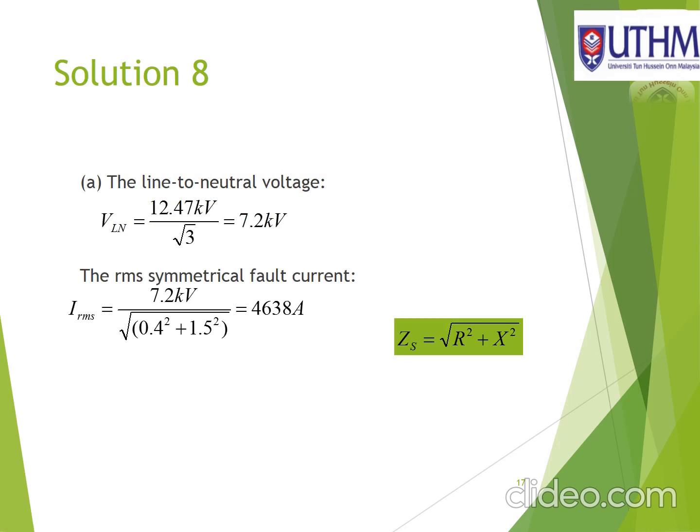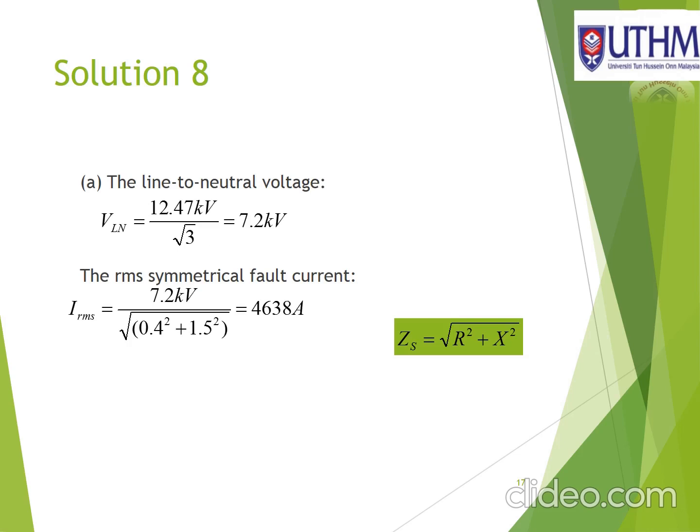This is the solution for example number 8. For A, we have to calculate the line to neutral voltage. This voltage is single phase, so Vln is equal to V 3-phase divided by square root 3, which is equal to 7.2 kV. Then we have to calculate the RMS symmetrical fault current.